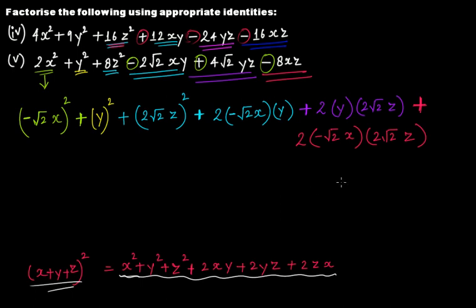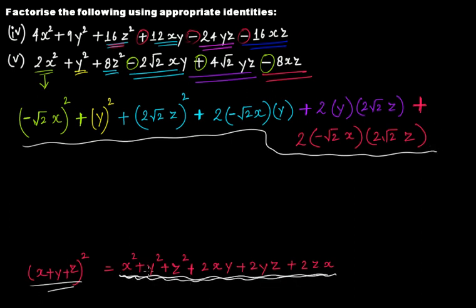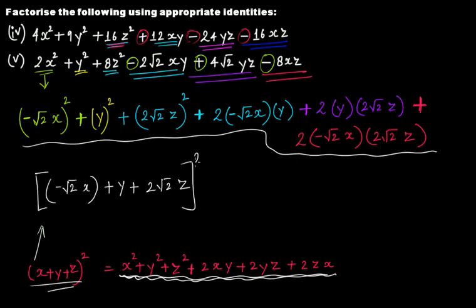Now this whole expression will remind you of this: x squared plus y squared plus z squared plus 2xy plus 2yz plus 2zx. So in this case, the first term is actually our negative, minus square root 2x. So from here, you can write it as minus square root 2x plus y plus 2 square root 2z, this whole squared.